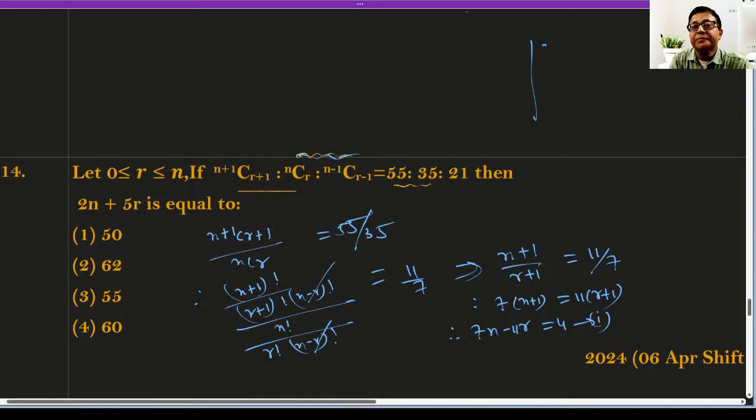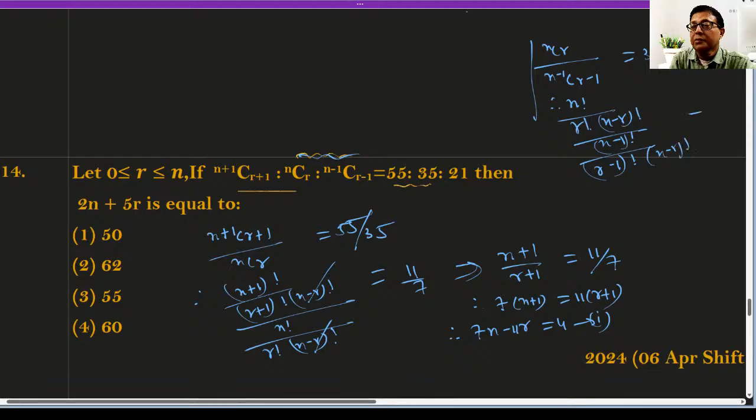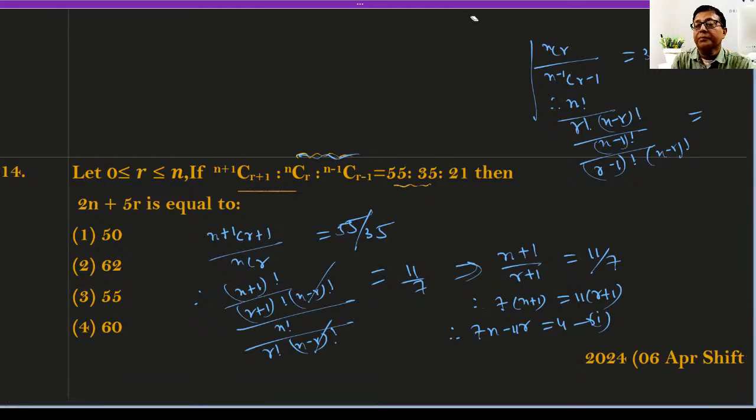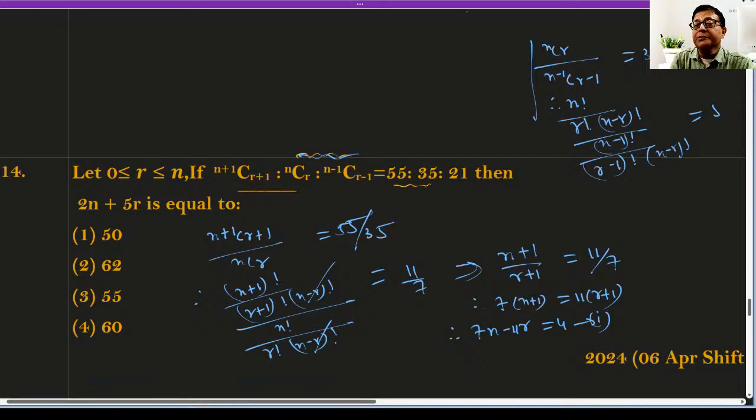Then you take these two ratios, this with this. What will you get? These two get cancelled.